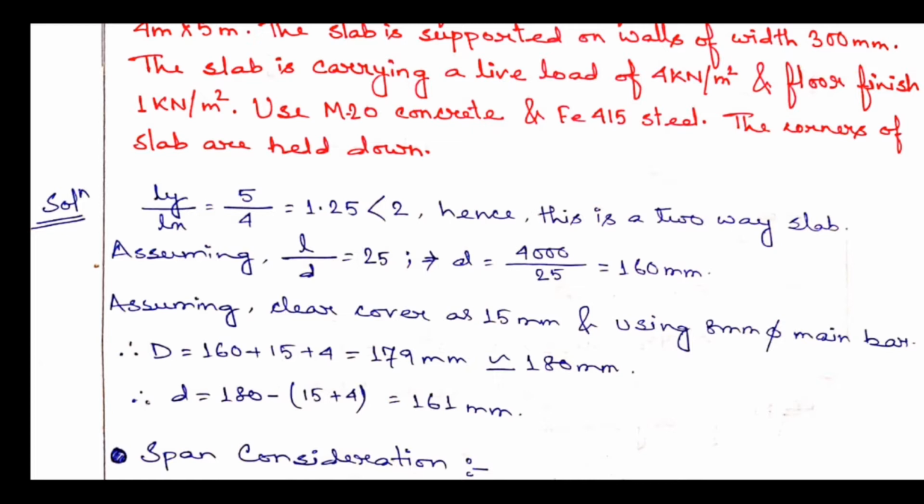So overall depth is 179 mm, or we can say 180 mm. Now effective depth is equal to overall depth 180 minus clear cover plus half dia, that means 15 plus 8 by 2, which is 4, that is equal to 161 mm.